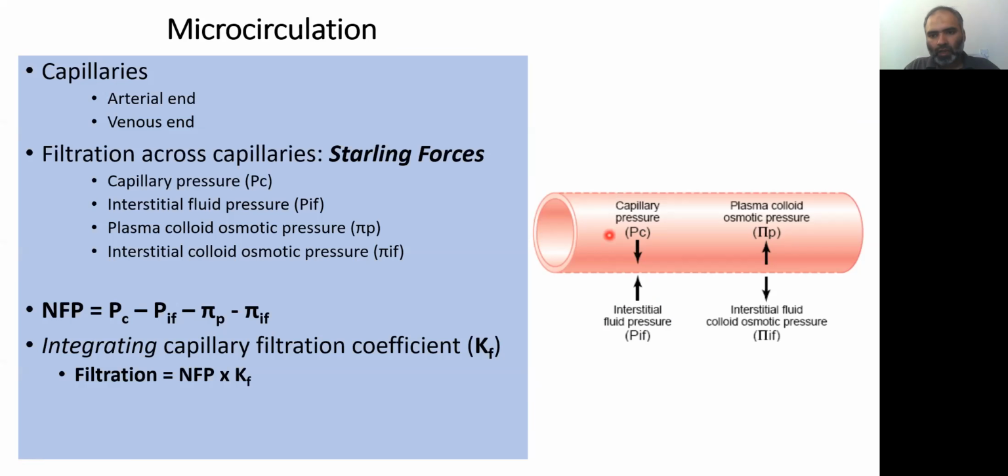It wants to come out, outward. It's an outward pressure. Interstitial fluid pressure is again a hydrostatic pressure. It will exert its pressure on the outside wall and it will try to push fluid from the interstitium back into the capillary. It will all make sense in the following slide. Just stay with me.